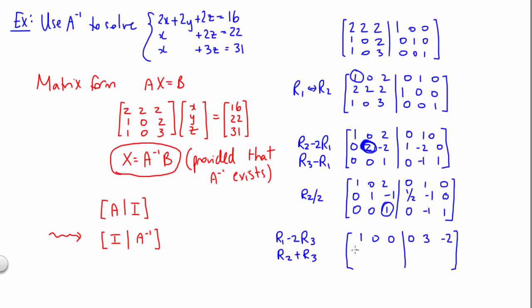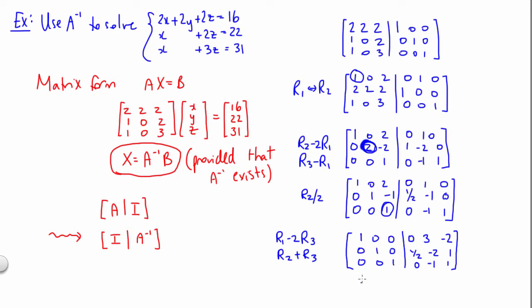In the middle row, if we add rows 2 and 3 together, we've got 0, 1, 0, half, -2, and 1, and the bottom row will stay the same. So just double checking our work at this step. All right, everything at this point looks good.